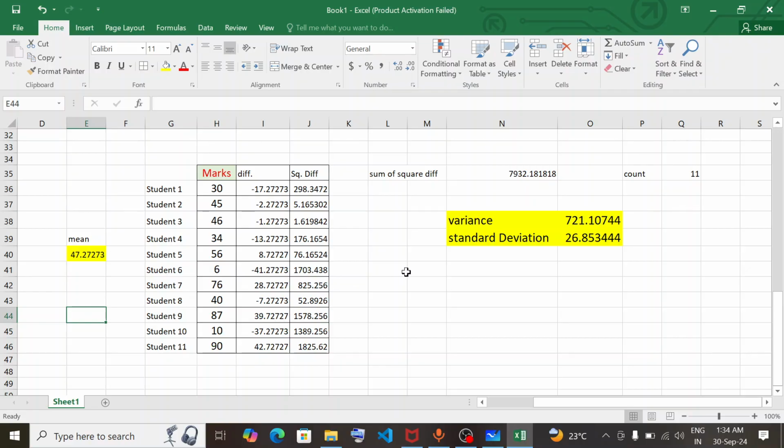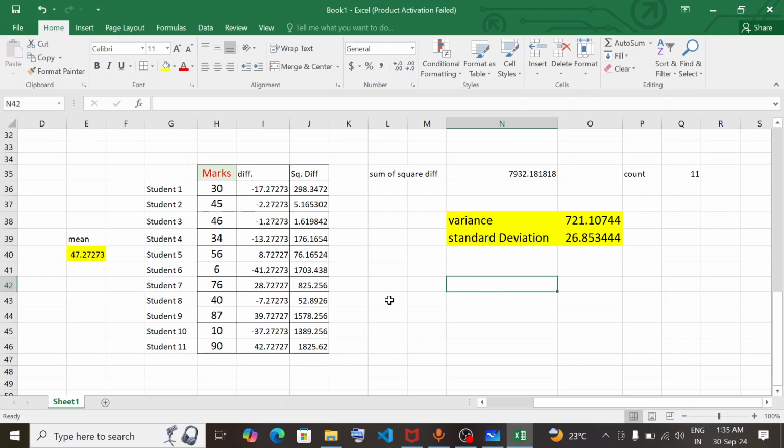So most of your data points will lie within a range of 26 with respect to the mean. That's the reason variance and standard deviation are the most important entities in statistics in order to understand the spread of data.